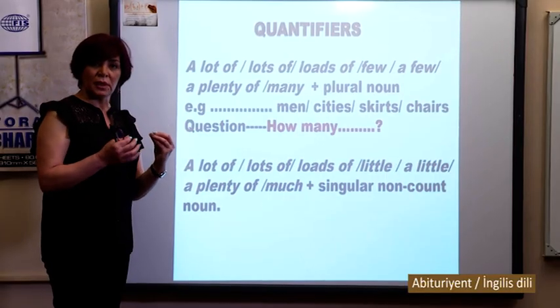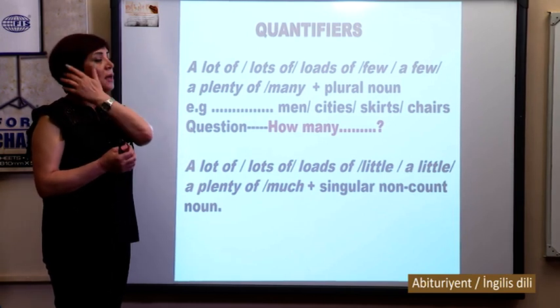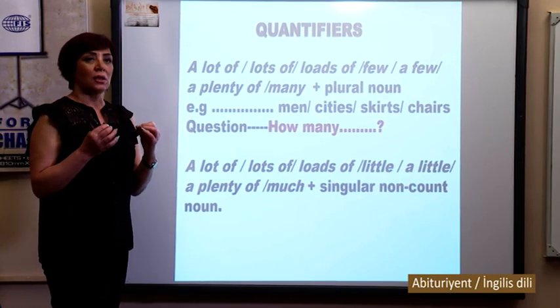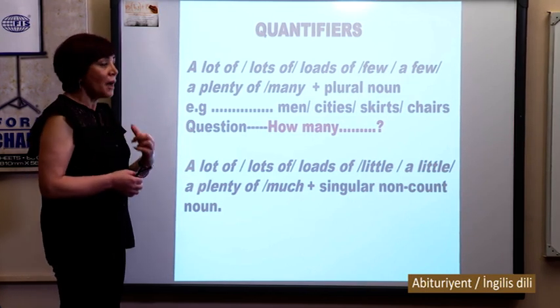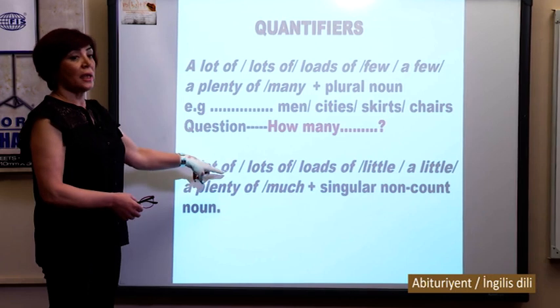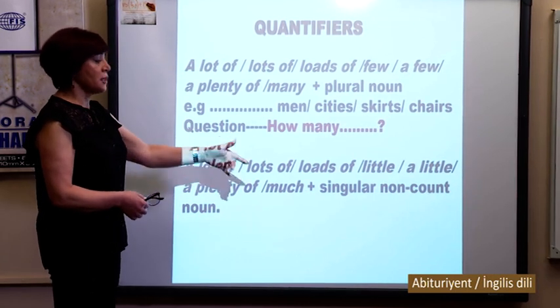Countable nouns have plural forms, but non-count nouns can't be used in plural, though they can be used with a lot of. These are their quantifiers: lots of, little, and a little.